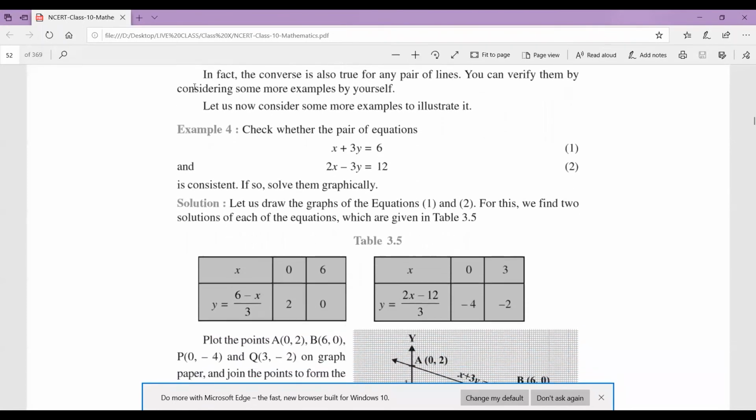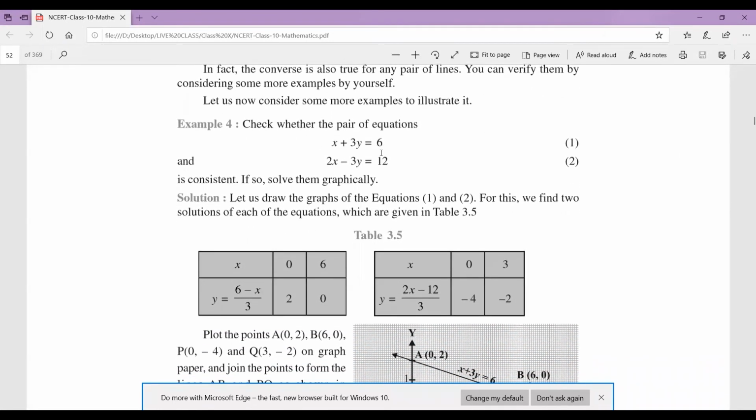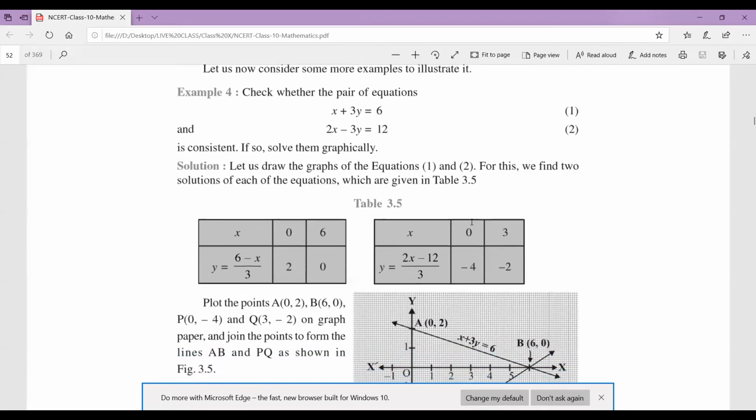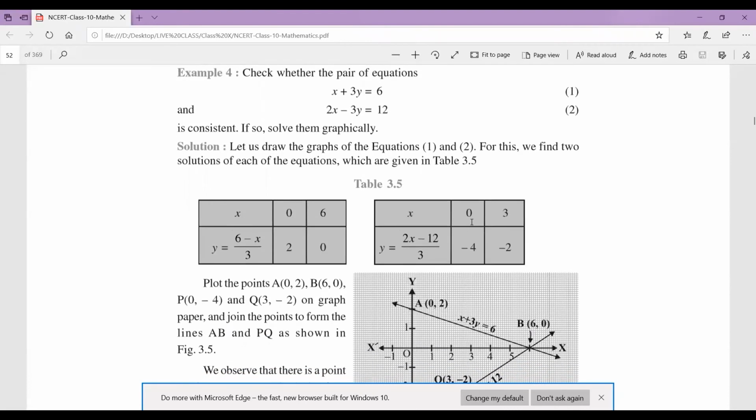Now we have questions of this type. Check whether the pair of equations is consistent, and if so, solve them graphically. Here a1 by a2 is 1 by 2, and b1 by b2 is 1 by minus 1. Those are not equal, a1 by a2 is not equal to b1 by b2. It means they are consistent and will have a unique solution.